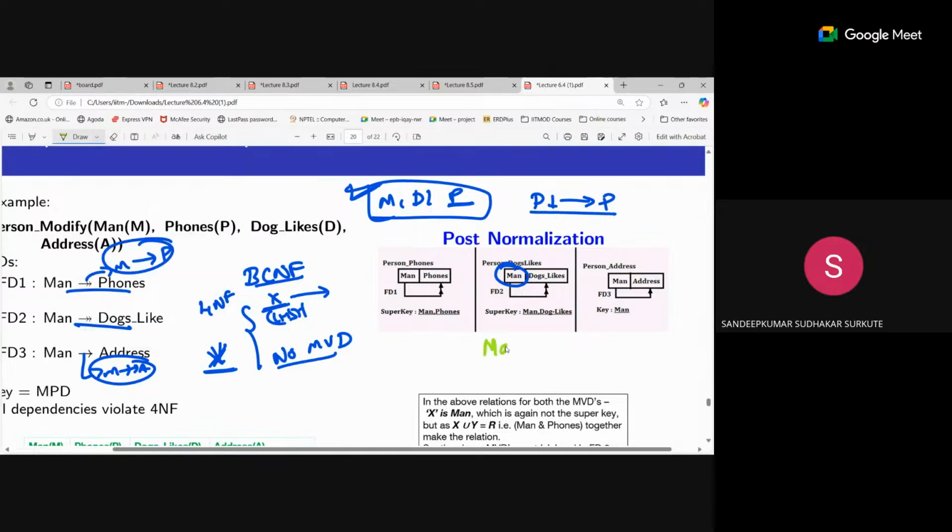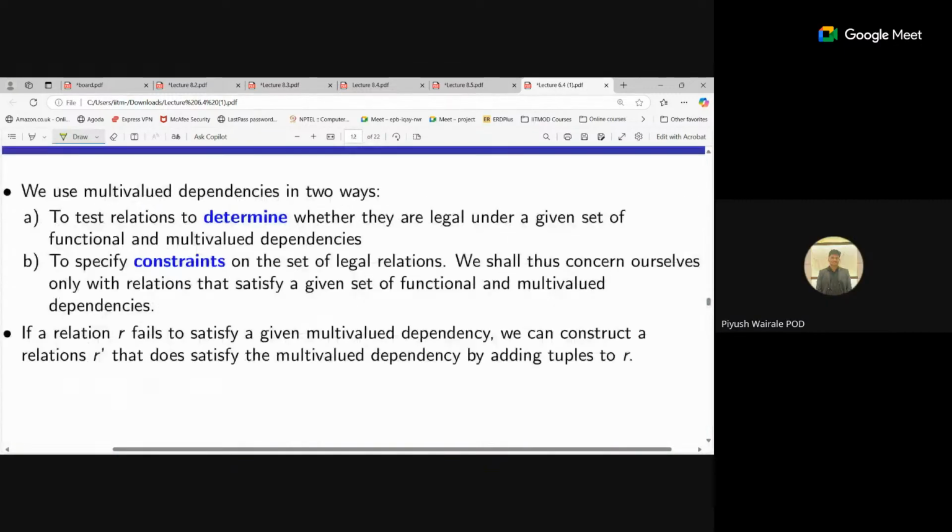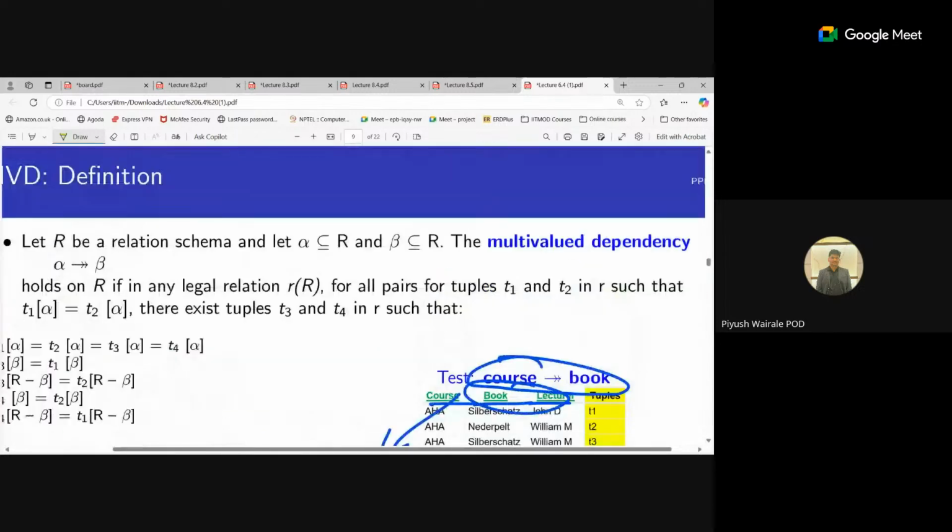So this MVD will not apply, because, as sir said, there are only two attributes. MVD will not apply here. It's already in 4NF. See the definition of MVD: for a relation R, MVD alpha determines beta holds on R if for all pairs of tuples t1 and t2.